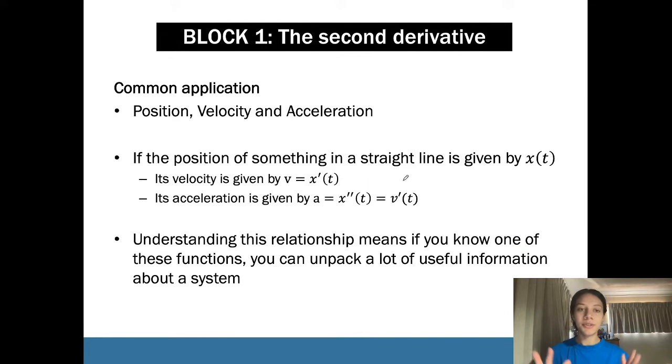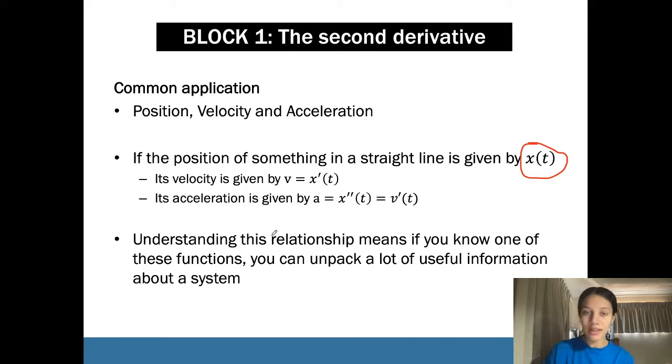All right, so another common question that seems to pop up quite a bit is applying the second derivative to position, velocity, and acceleration. So hopefully you guys have gone over this before, but if you haven't, the position of something in a straight line is usually given by a function x(t). Its velocity is the first derivative of the position function, so v(t) is equal to x'(t).